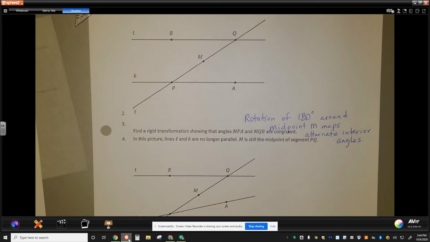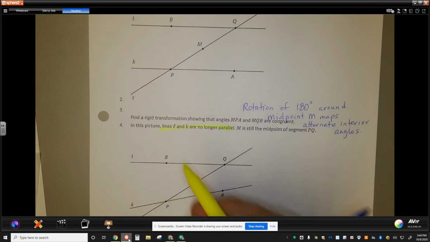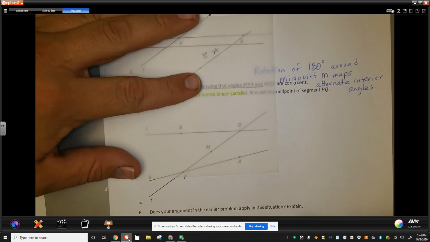Let's take that same principle and see if it will work for two lines that are no longer parallel. So we've changed the game just a little bit. The lines are no longer parallel, but midpoint M is still the midpoint that's here. Let's see what happens.